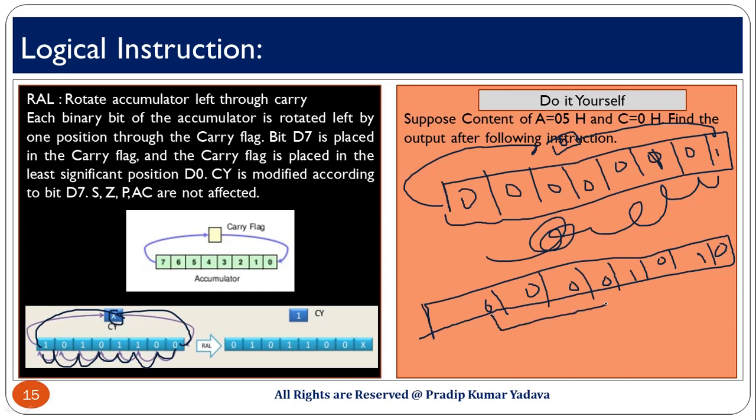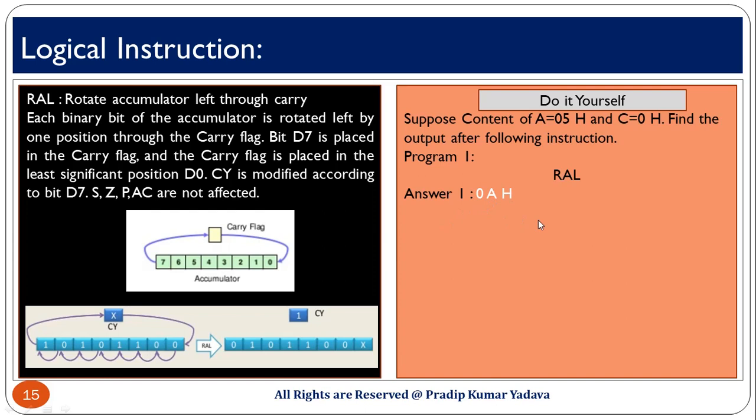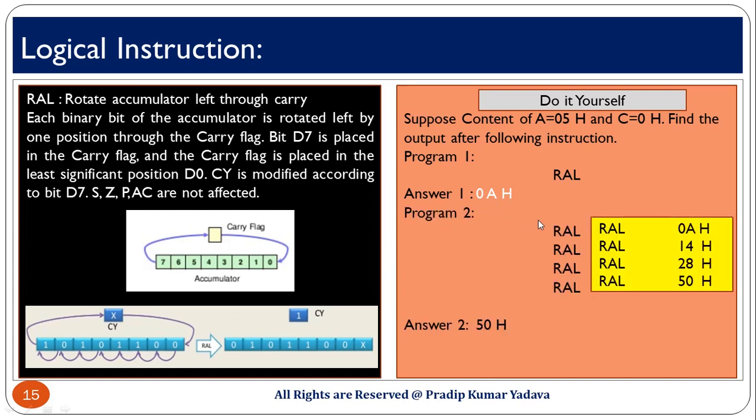So, this will be 0 and this will be A. So, this is your output. Here you can see your output is 0A. Okay. So, this is the output, and the next program is for your exercise. Here, the final output after each RAL will be 0A, 14, 28 and 50.